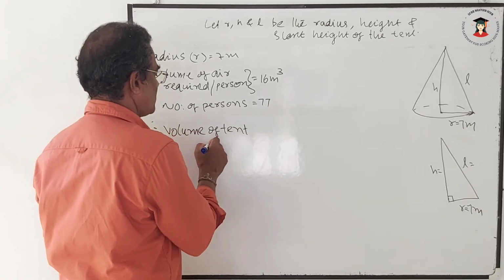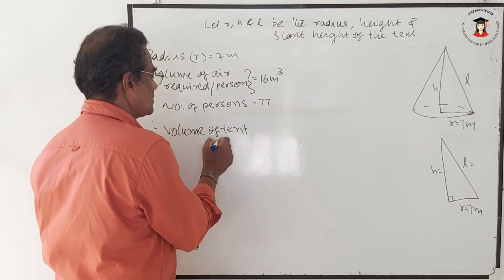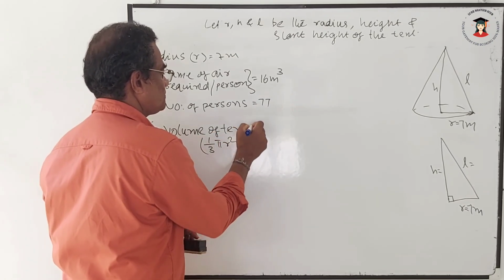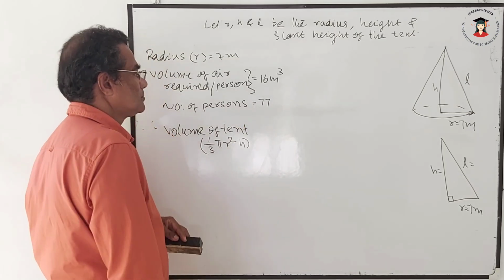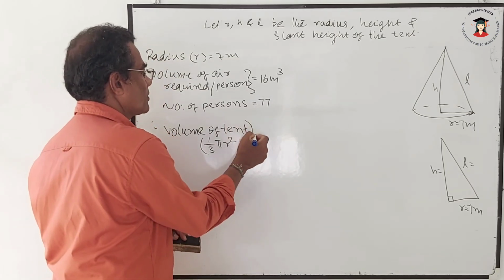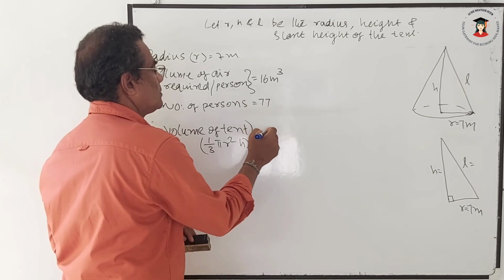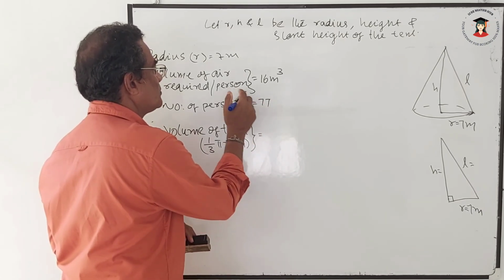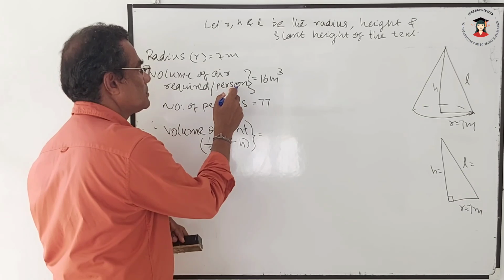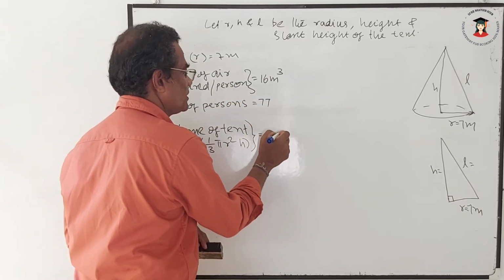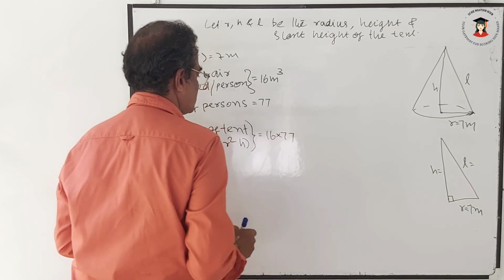Volume has a formula 1/3 pi r square h, equal to volume required per person into number of persons, that is 16 into 77.